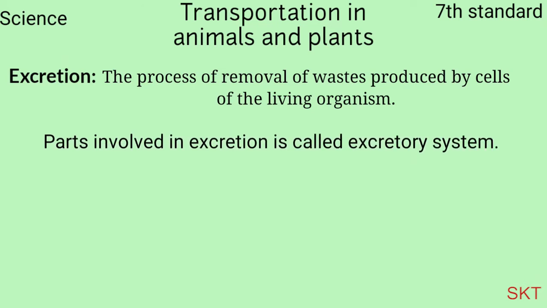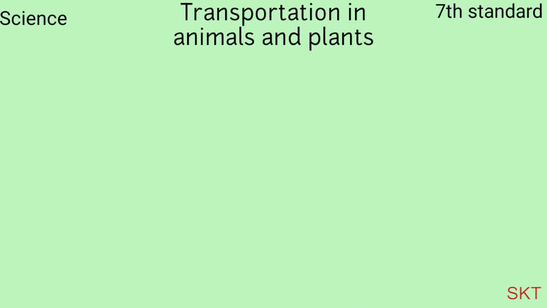Now let us study the human excretory system. I have told you in part 1 that our human blood is composed of different types of cells. When these cells perform specific functions, they also produce waste products that are toxic to our body. These toxic products have to be excreted out. Our blood has to be purified, and this purification process is done by our kidneys.